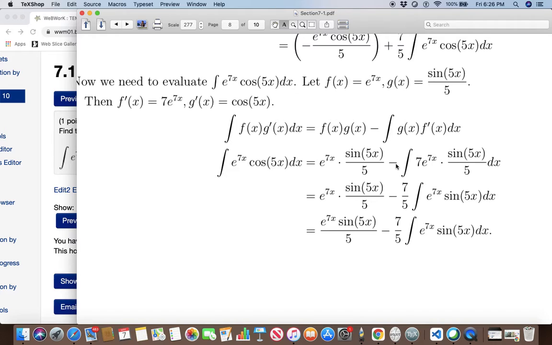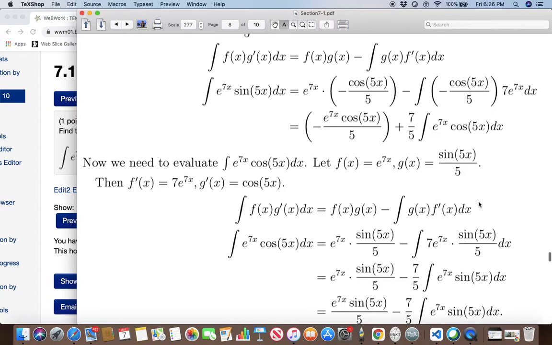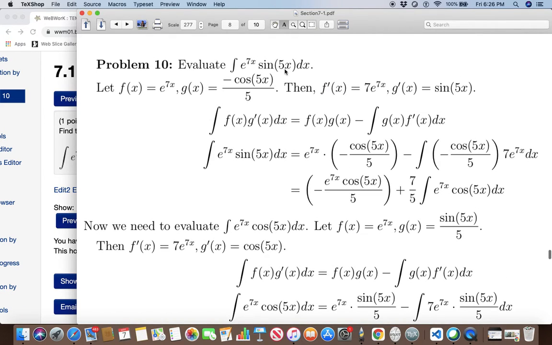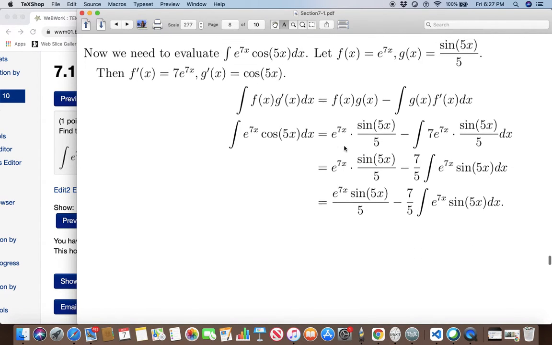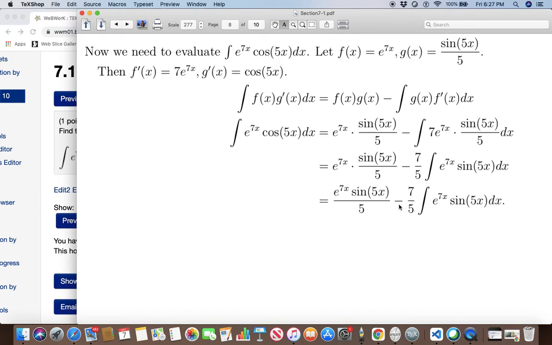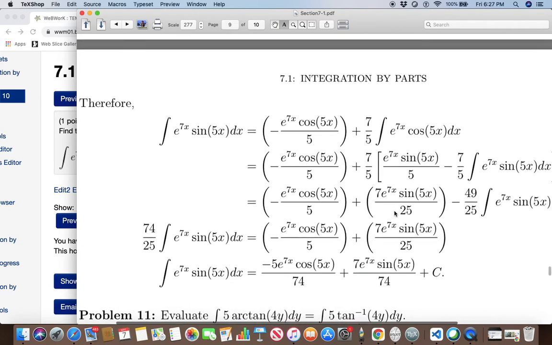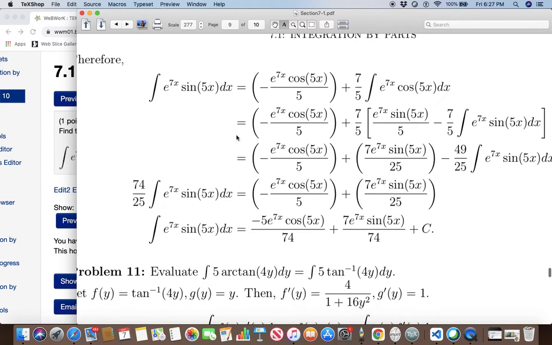So that negative is negative, 7 above, 5 below, e raised to 7x sine 5x. Aha, looks like we have turned around back to e raised to 7x sine 5x. This is very good. Everything else is as it is with a negative here, mind you. Okay, that's important. So we go back to our original question, the integral of e raised to 7x sine 5x dx.